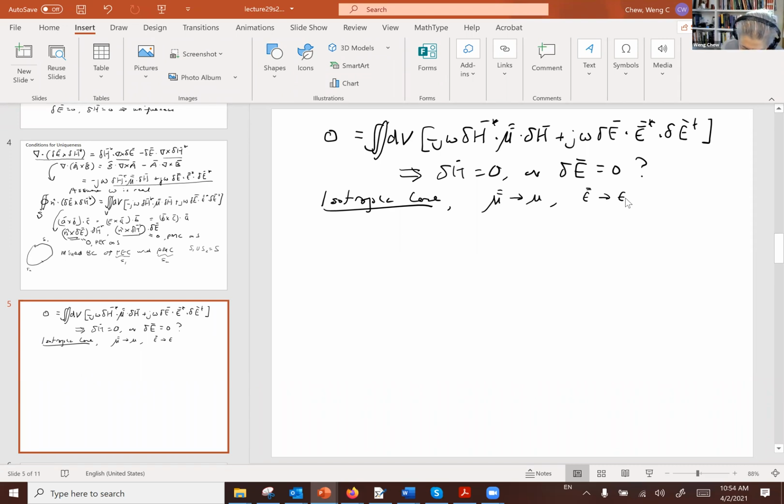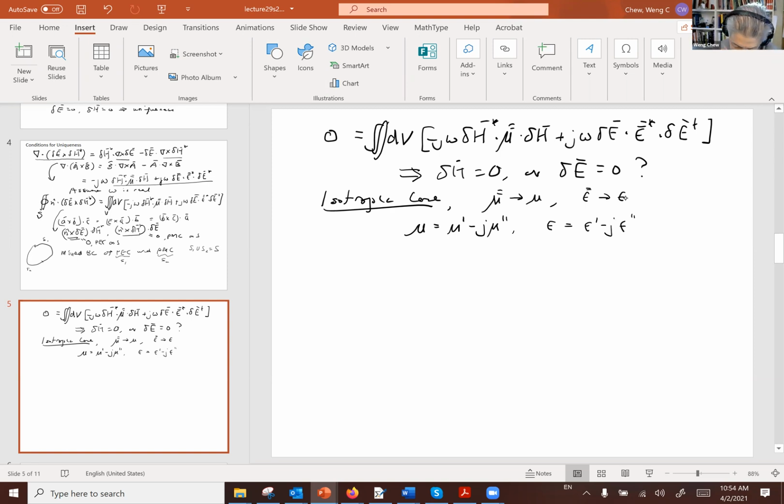And then I'm going to let mu be complex so that it has a real part as well as an imaginary part. And then I am going to let epsilon be a complex number so that it has a real part and an imaginary part.